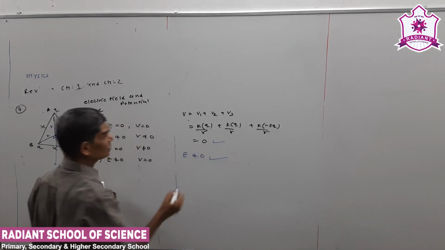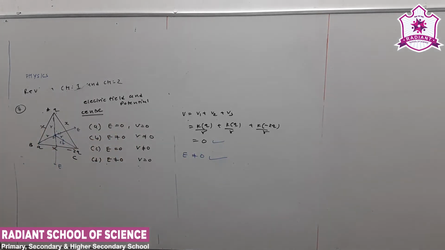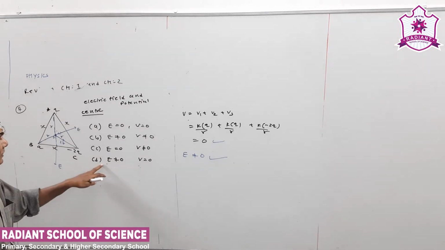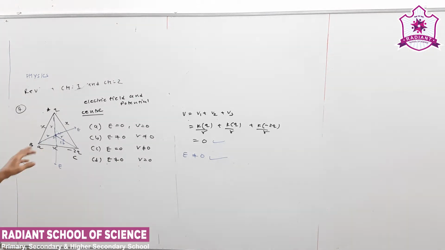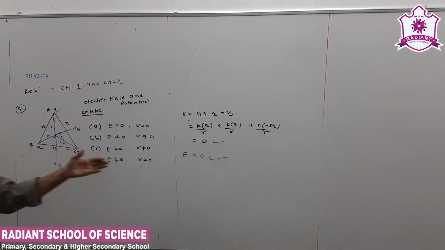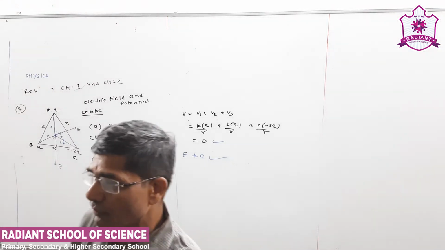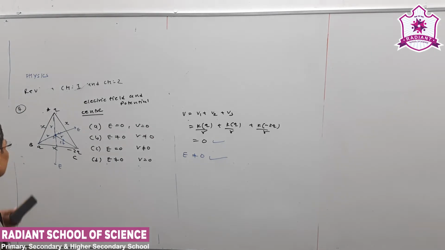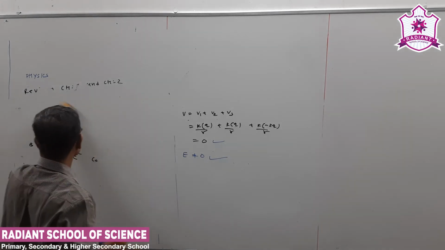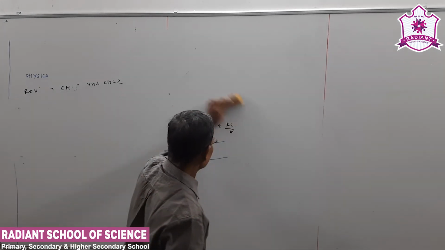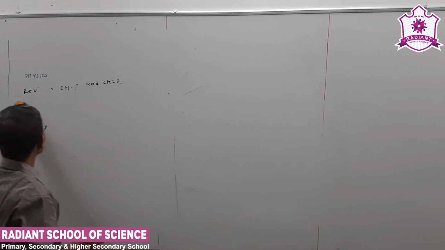So what is the most suitable option here? Potential will be 0, but the electric field will not be 0. We can easily calculate the electric field using the formula for the electric field of a point charge. This is how we can solve the question.